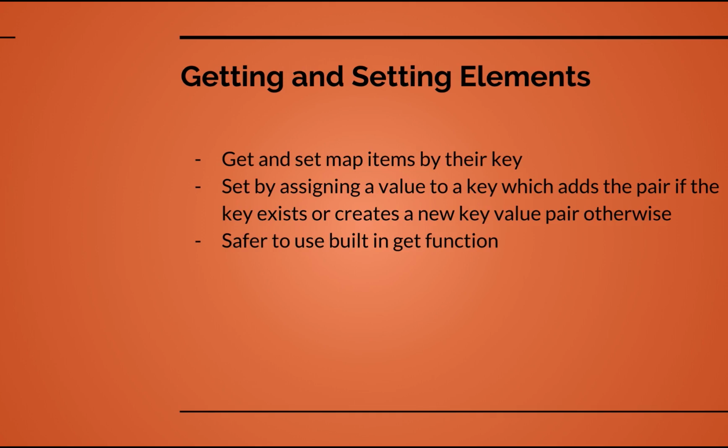If the key exists, then the dictionary will find that key and replace the value at that key with the one we're trying to set. If that key doesn't exist, then the dictionary will create a new entry with that key and the value we're trying to assign. So this ensures that it keeps a unique list of all of the keys and that there are no duplicate keys.